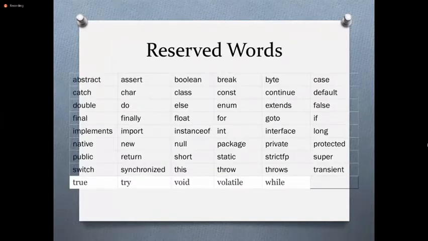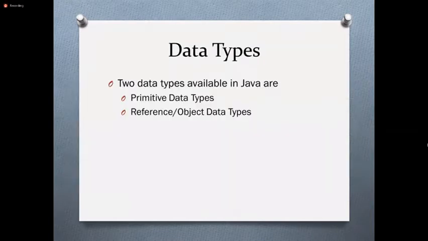Then we'll see the reserved words for Java. There are several reserved words: abstract, catch, double, final, native, public, assert, like this. Right? You are not allowed to use these reserved words in variable names.